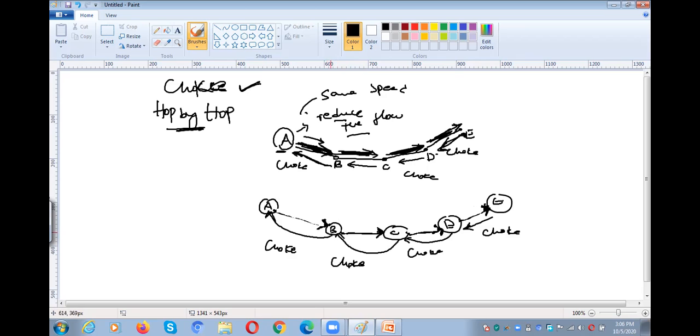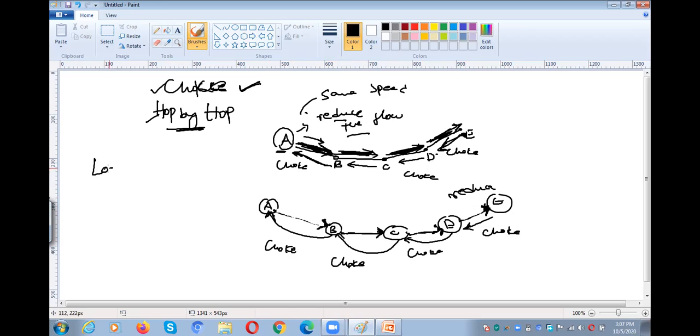After that, B sends the choke packet to A. At that time, A also regulates the flow. Likewise, whenever an intermediate node receives the choke packet from the previous node, it immediately reduces the speed. That is the difference between choke packet and hop by hop choke.